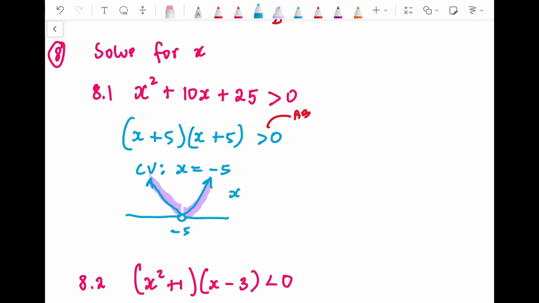So the answer here will be x is an element of all real numbers, but x is never equal to −5. At −5 it is not greater than 0, but it is equal to 0.